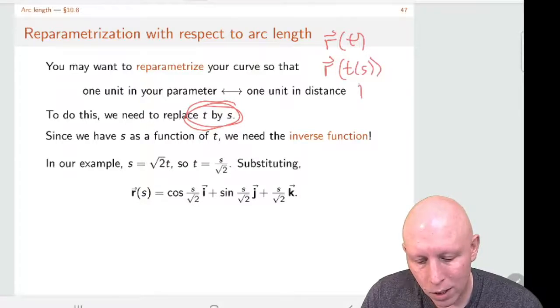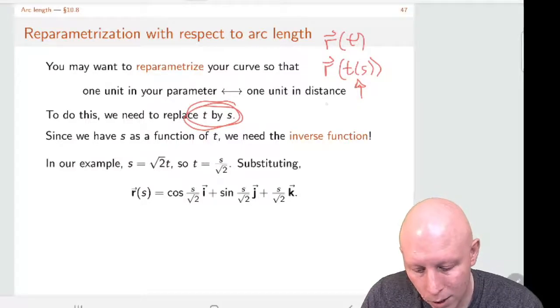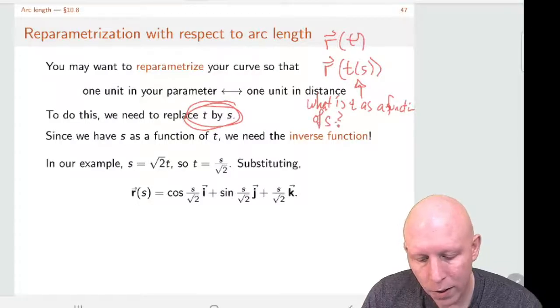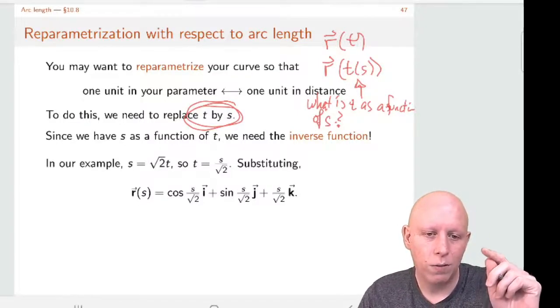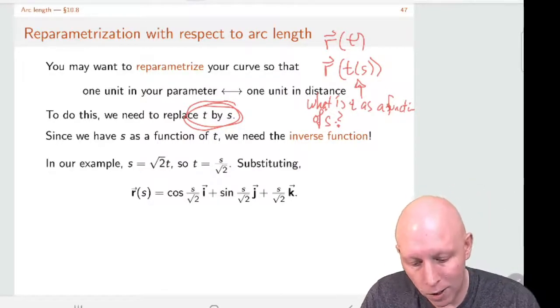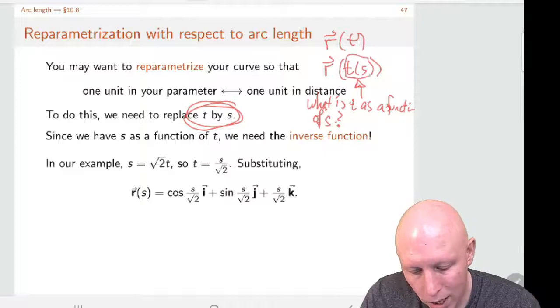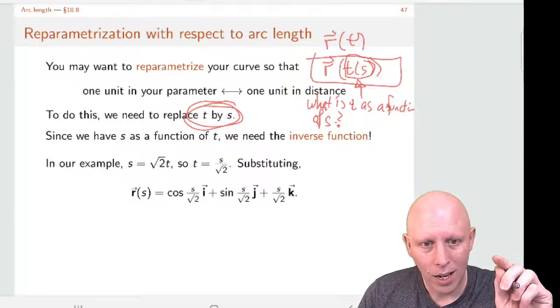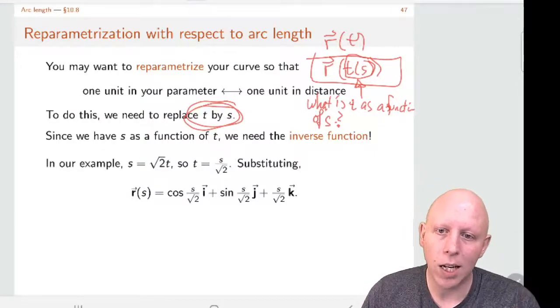And so what we need to know is how is t as a function of s? So we're going to figure out what t is as a function of s. If we plug that in for t, we now have an expression that represents the position as a function of s instead of as a function of t.